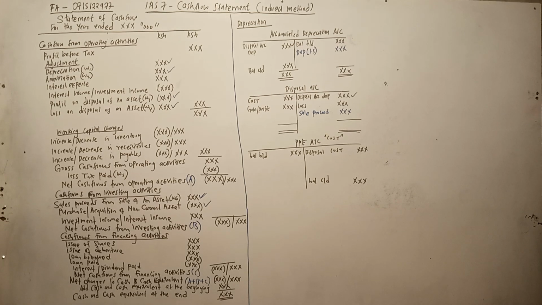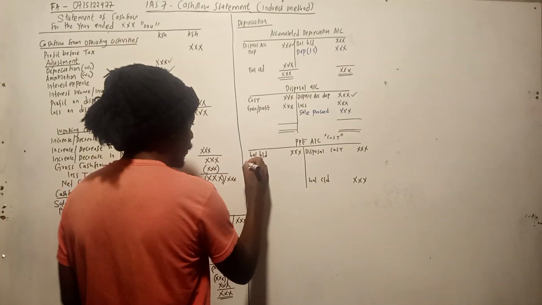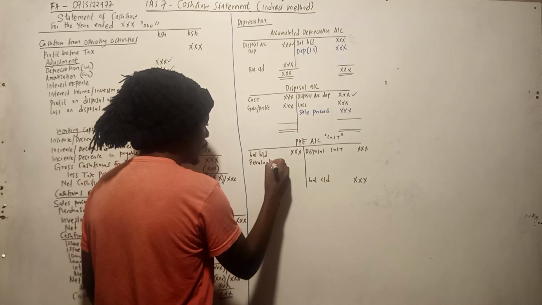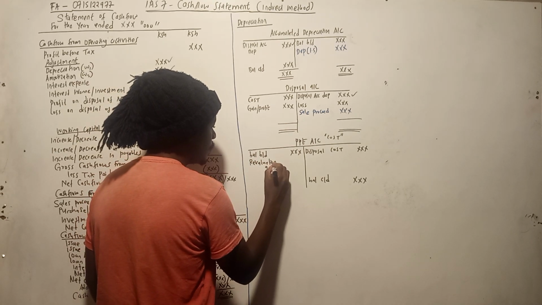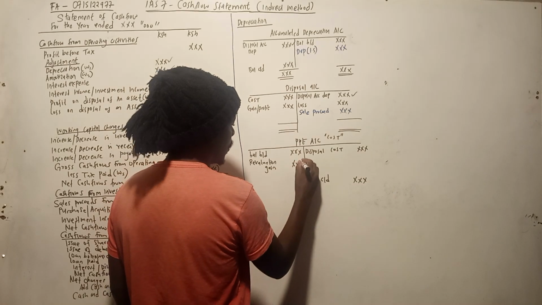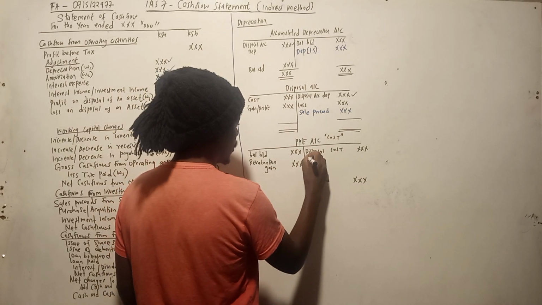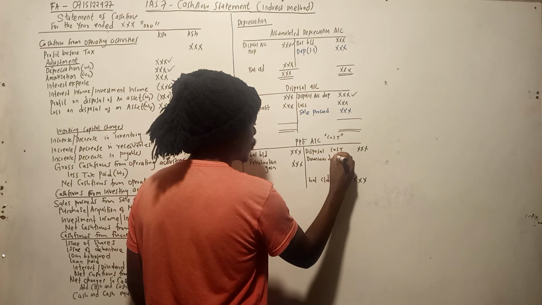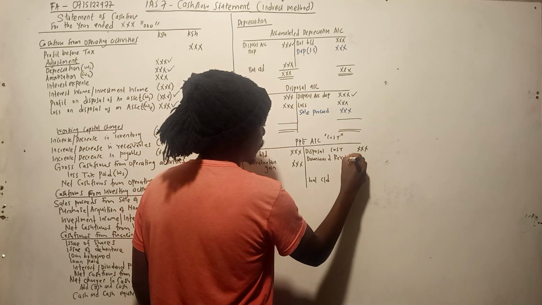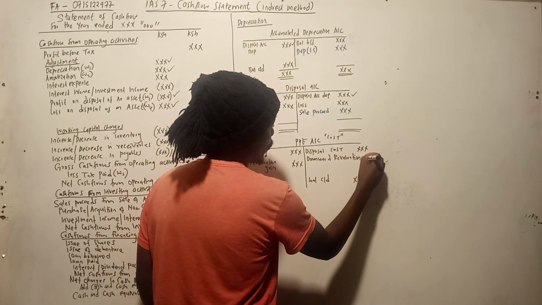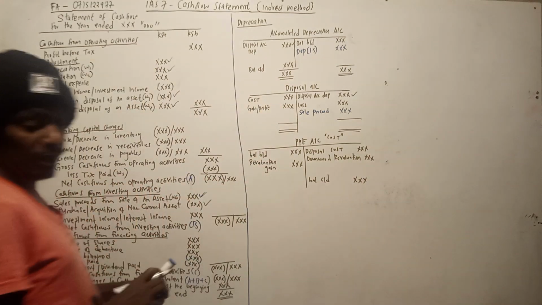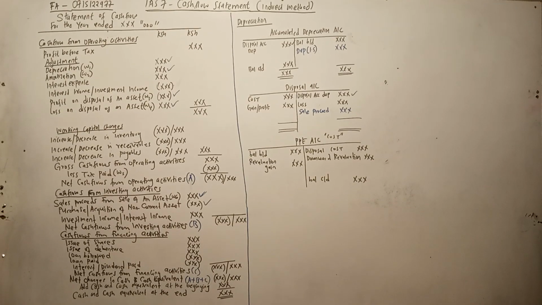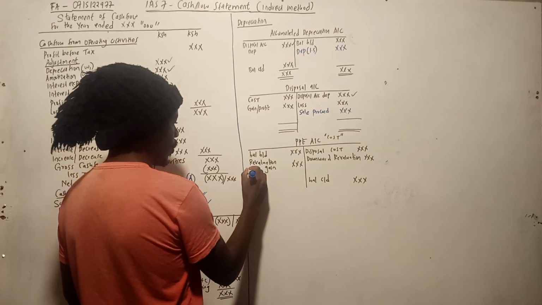So when you have a revaluation gain, you put it on side B. And then if you have a downward revaluation, you put it on your side. Now we find the balancing figure. The balancing figure will be the acquisition or the purchase. So it will be the acquisition.